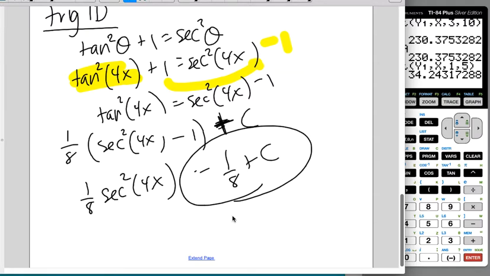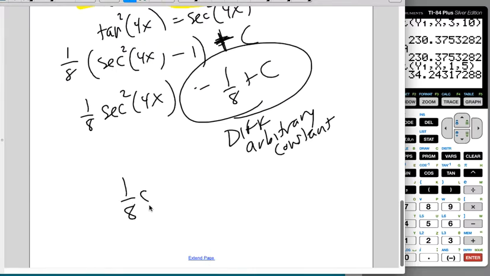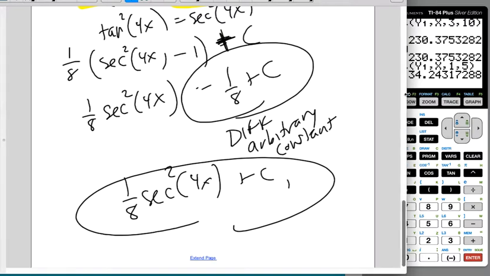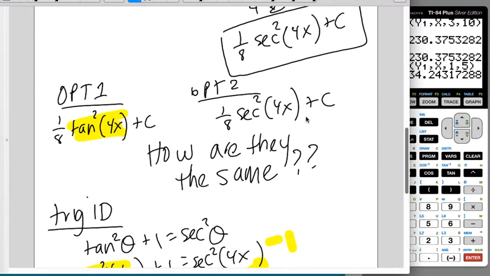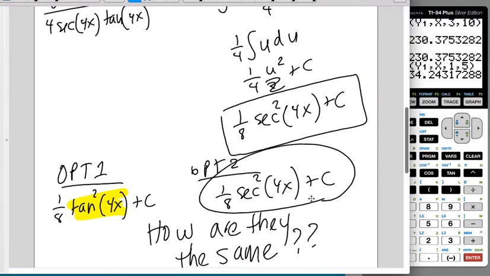Well, isn't this just a different arbitrary constant? So couldn't I say that this is 1/8 secant squared of 4x plus, let's just say, some other arbitrary constant? Well, isn't that the same as this? So the reason that they're both the right answer in this case is because of the nature of that arbitrary constant.